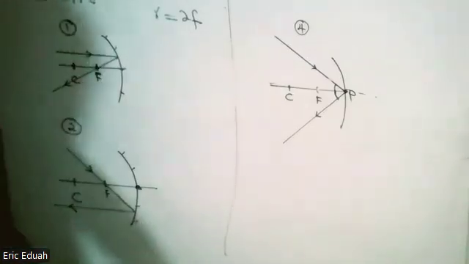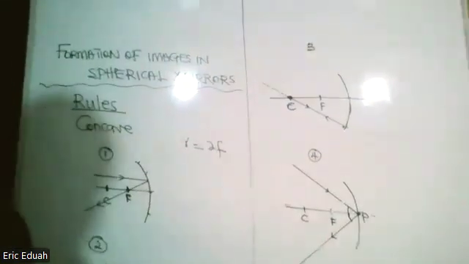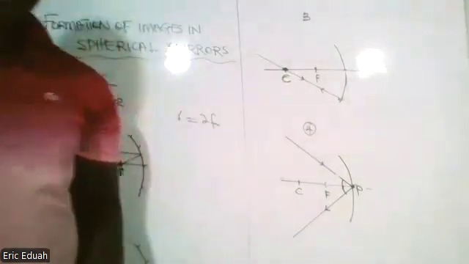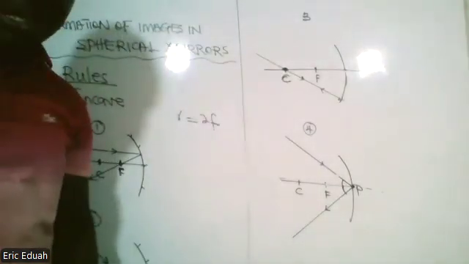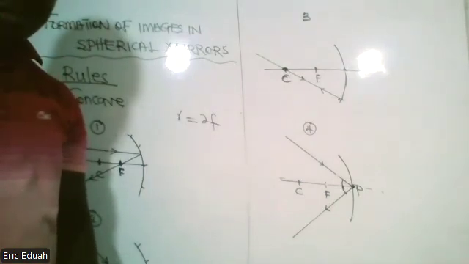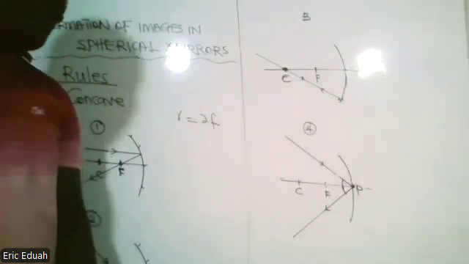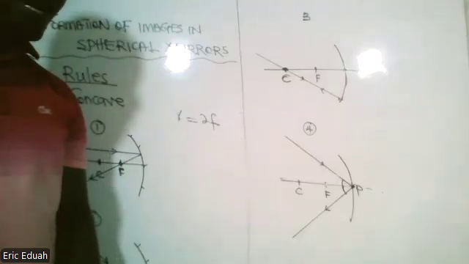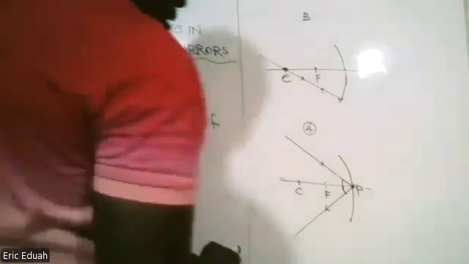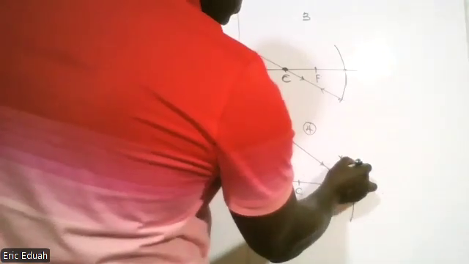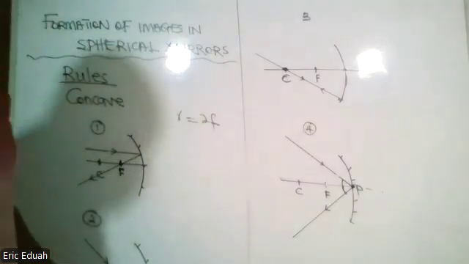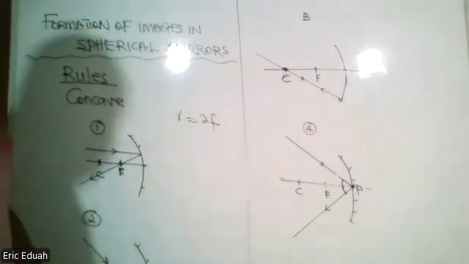3. A ray of light hitting the mirror at 90 degrees reflects along the same path and passes through the center of curvature. Then 4. A ray of light hitting the pole of the mirror. The pole is the center of the mirror. Hitting the pole, it reflects at the same symmetry.